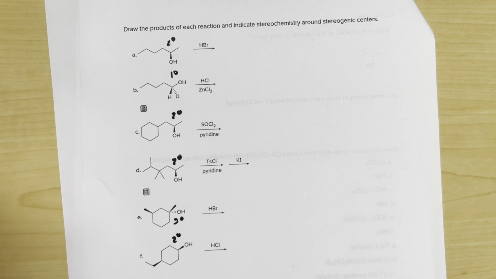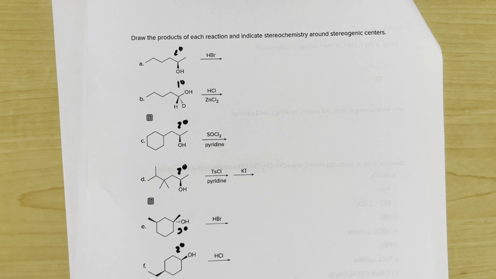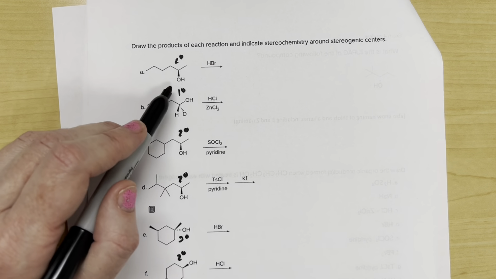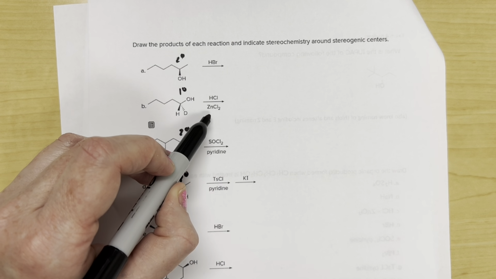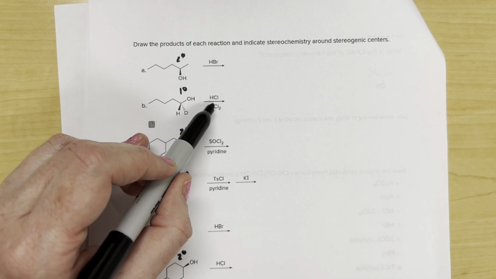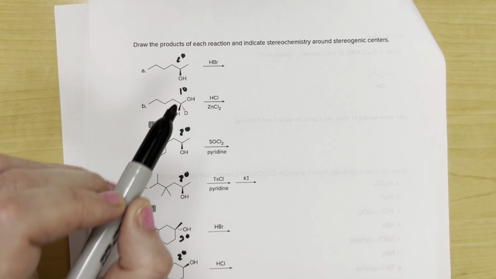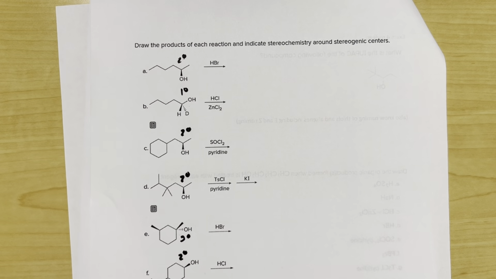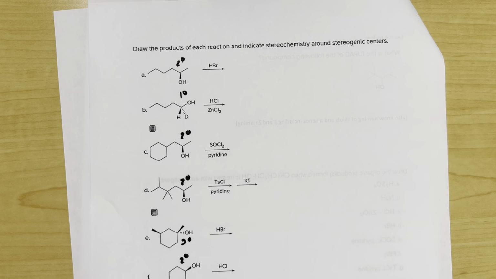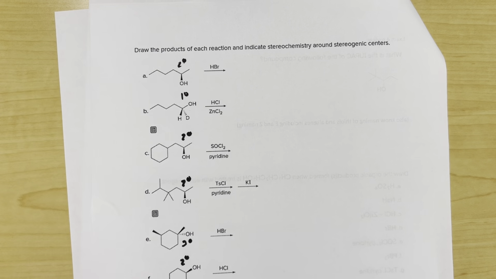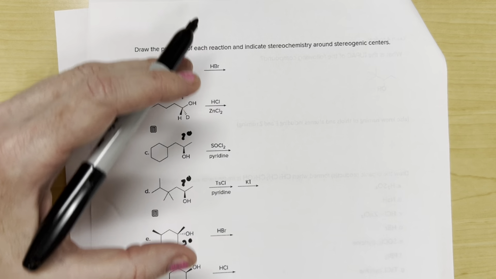That's gonna help you right away identify what's going to happen in which one. This one's primary. Remember HCl plus the zinc chloride. We already know that's gonna force a chloride in place, and that's the only time you can put a chloride on an alcohol is when you add that zinc chloride or you do the SOCl2.